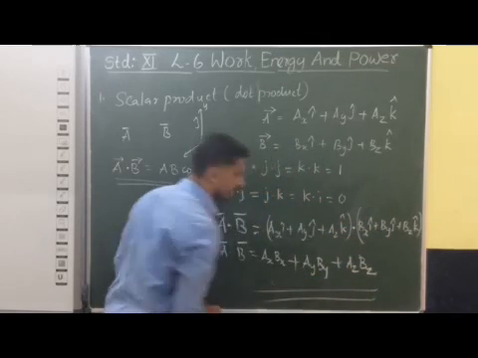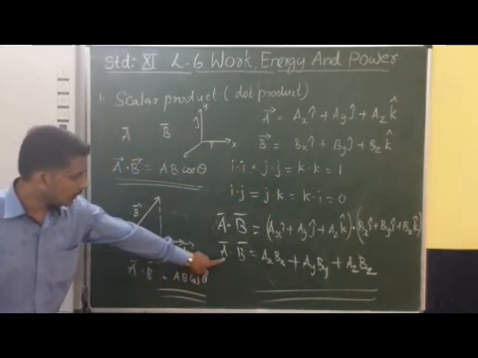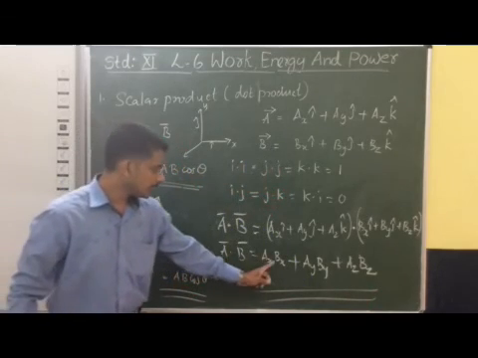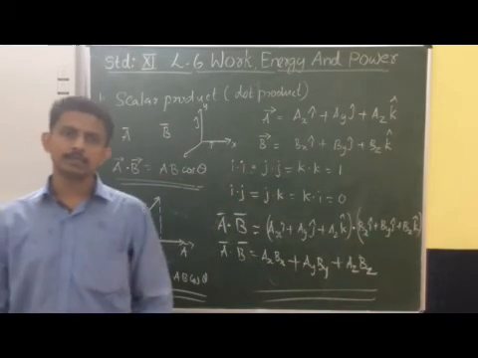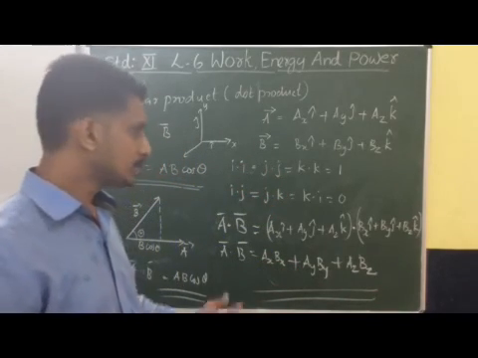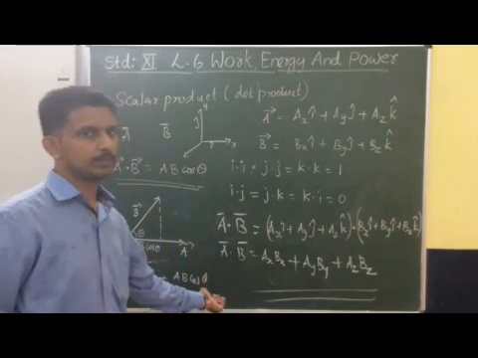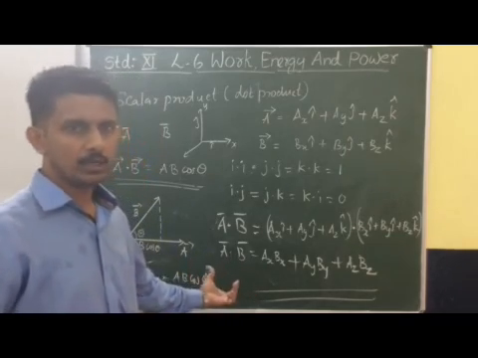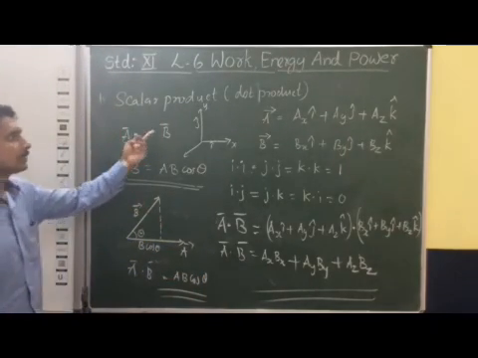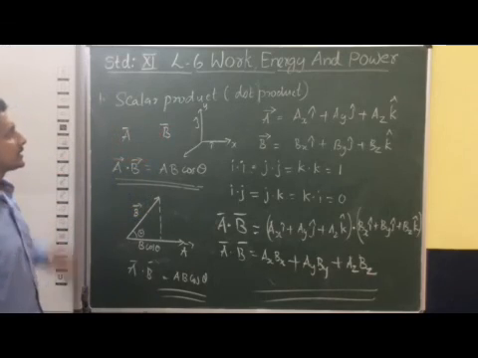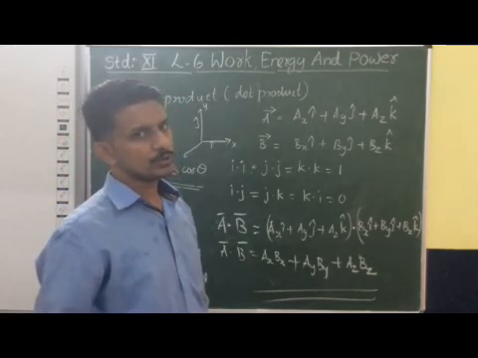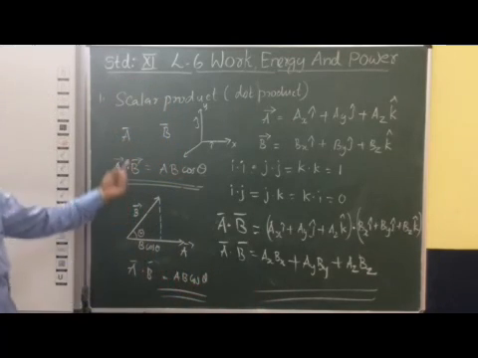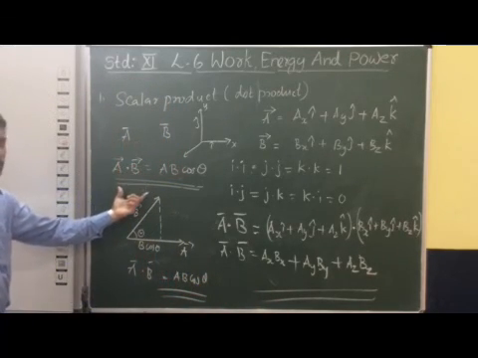This is how we get A dot B equal to AX BX plus AY BY plus AZ BZ. This is a scalar quantity, which is why we call this method of multiplication the scalar product or dot product. This is how we understand the scalar product between two vectors.